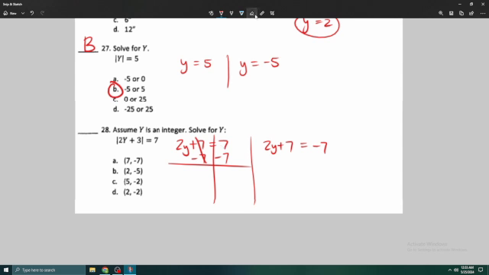I'm silly, sorry, I messed this one up. It's not 7, it's 3. 2y plus 3, sorry about that. So we'll actually subtract 3 from both sides. The 3's cancel out. I'm left with 2y on the left-hand side. 7 minus 3 is 4. Divide both sides by 2. 2's cancel out. I'm left with y equals positive 2. So that's one of our answers.